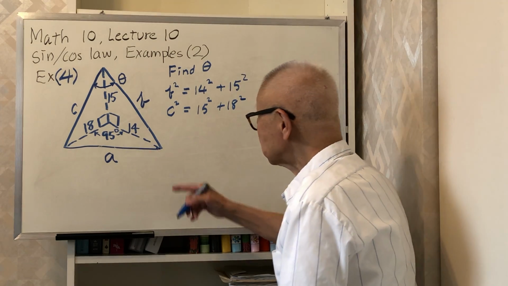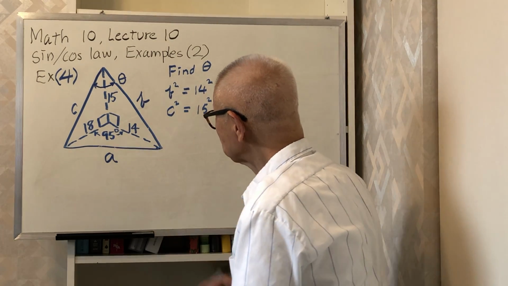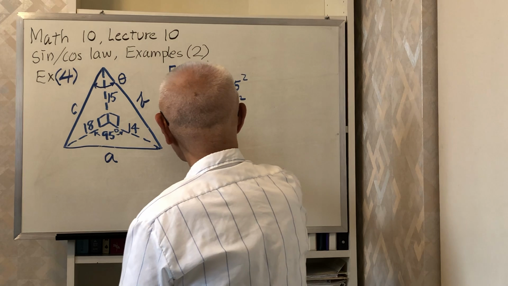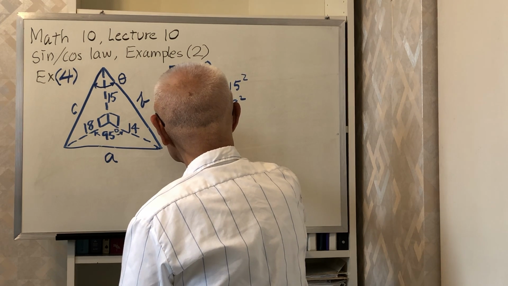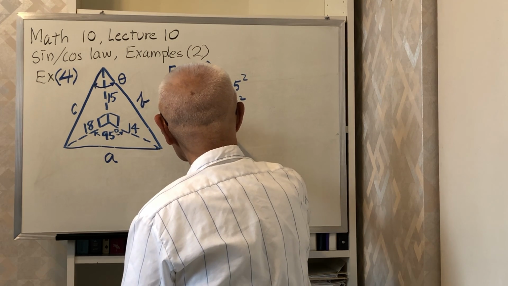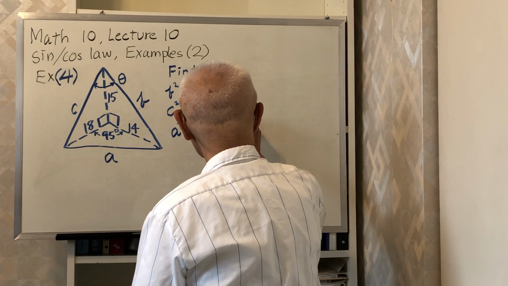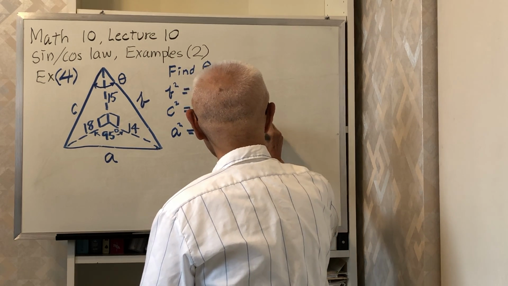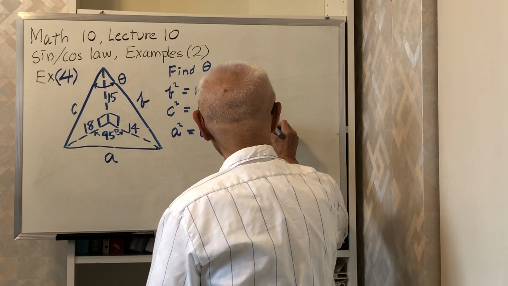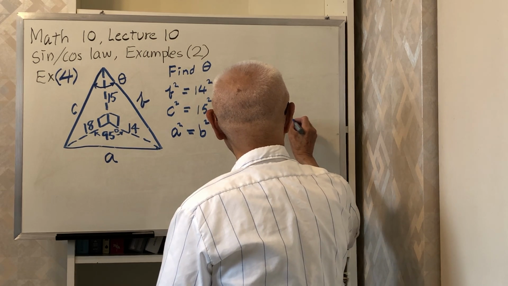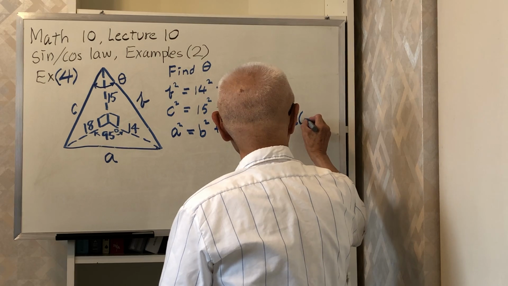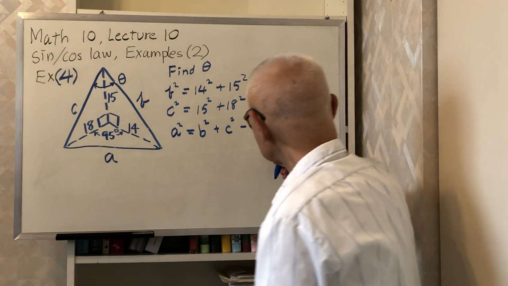Now I need A. So A, you have to use cosine law. So A squared is equal to B squared plus C squared minus 2BC cosine. This is the angle I want to find.